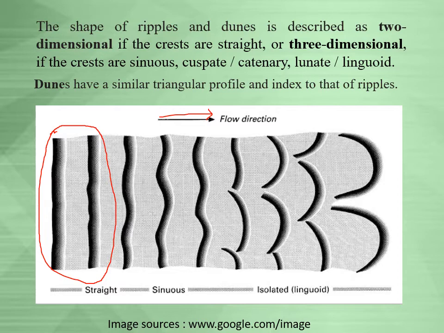So this kind of sequential change in crest line morphology clearly indicates that the flow velocity or flow energy is gradually increasing. This differential crest line morphology from the top view will tell at a glance about the relative flow energy condition of the medium.